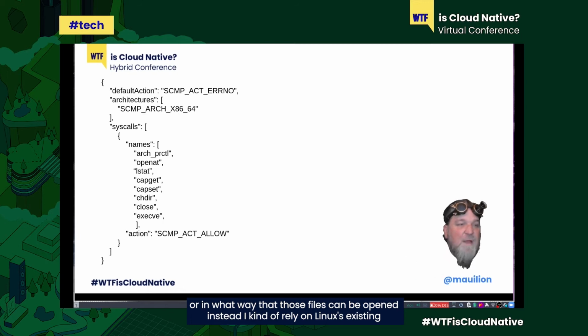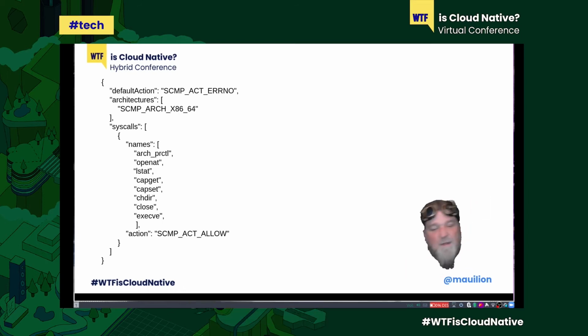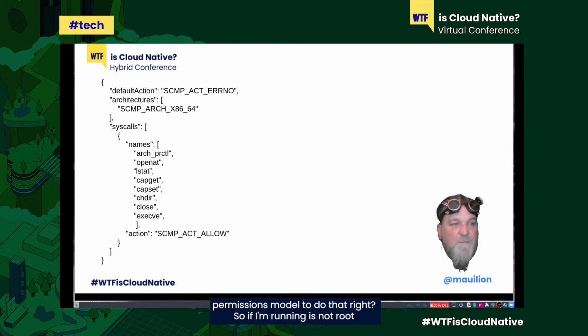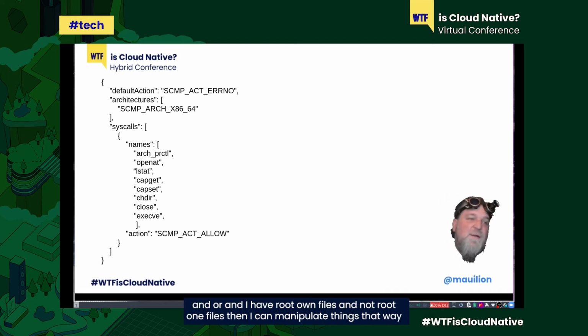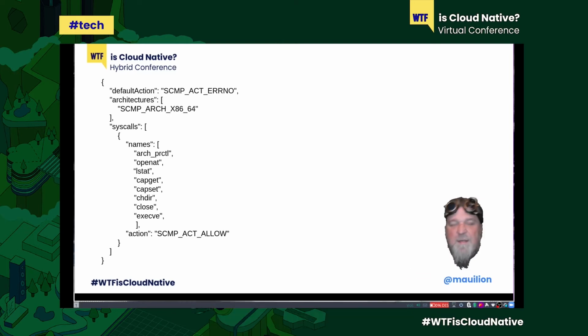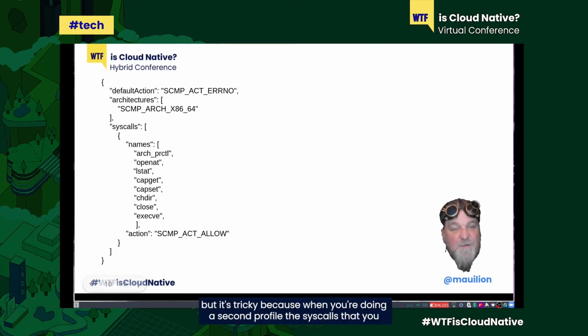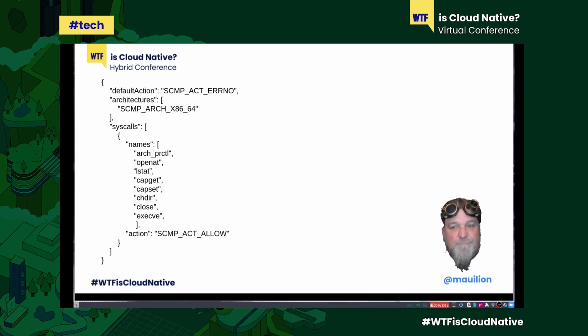Instead, I rely on Linux's existing permissions model to do that. So if I'm running as not root and I have root-owned files and not root-owned files, then I can manipulate things that way. But it's tricky, because when you're doing a seccomp profile, for the syscalls that you give access to, you're giving carte blanche access for that syscall to that process.